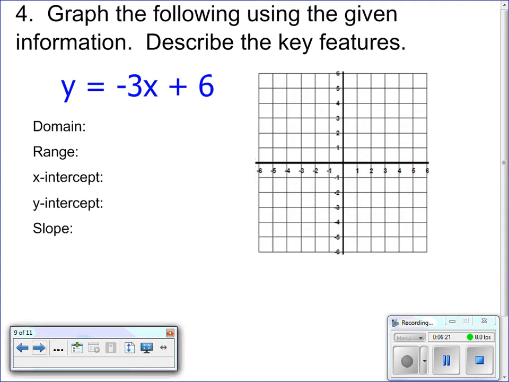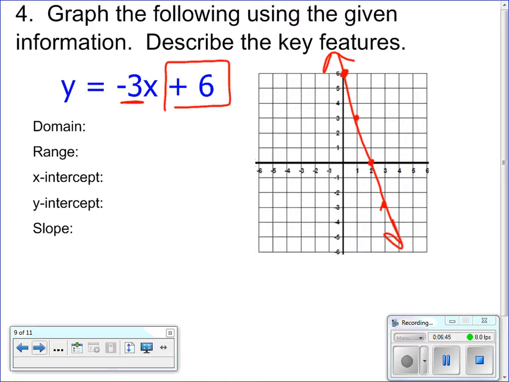Graph the following using the given information and describe the key features. In this one, I'm going to begin at +6, and this tells me my slope is -3. So that means down 3, right 1. Down 3, right 1.